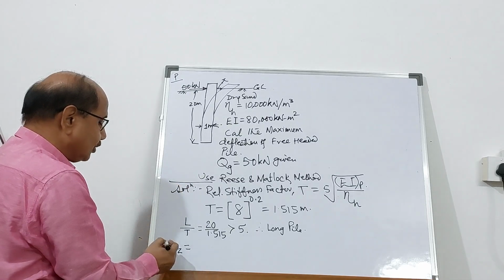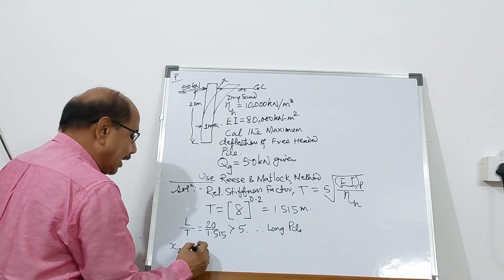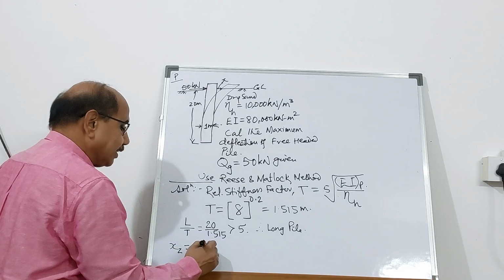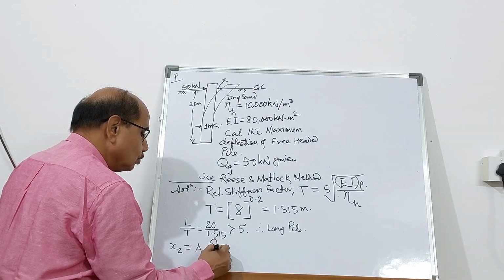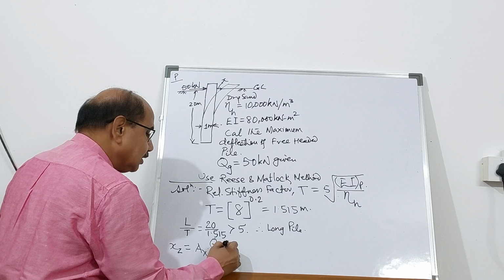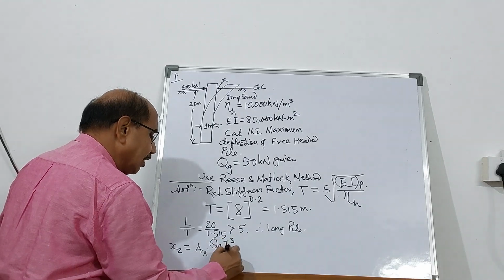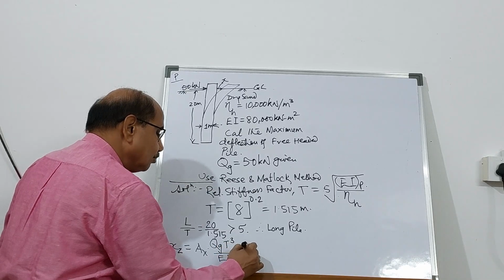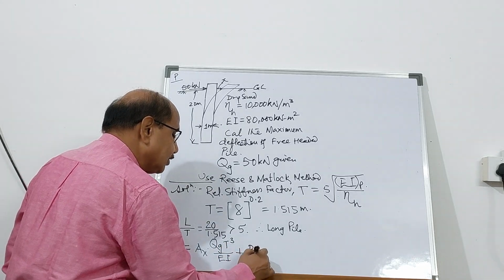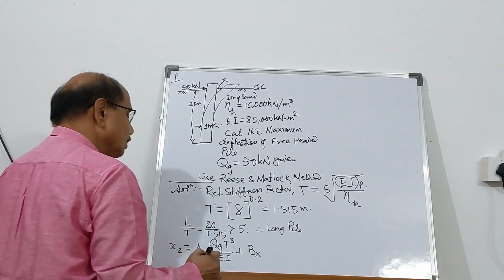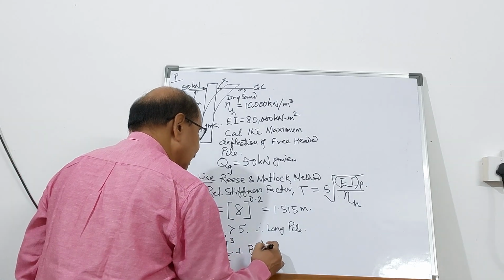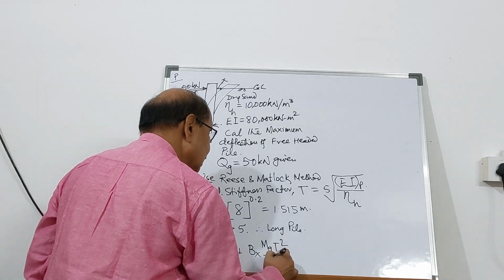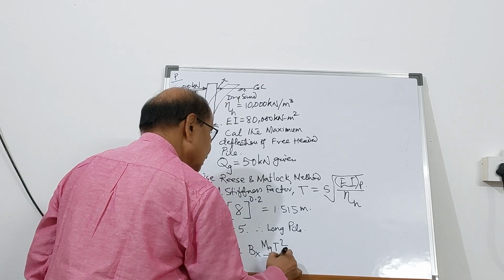The horizontal deflection is given as a deflection coefficient Ax into Qg T cube divided by EI, plus another deflection coefficient Bx into Mg T square divided by EI.